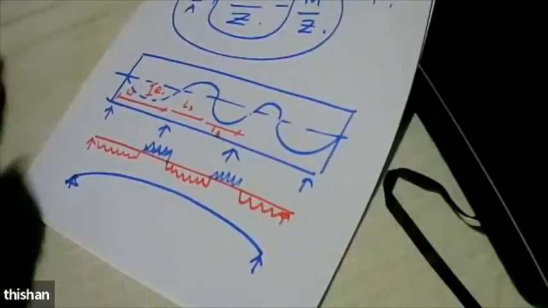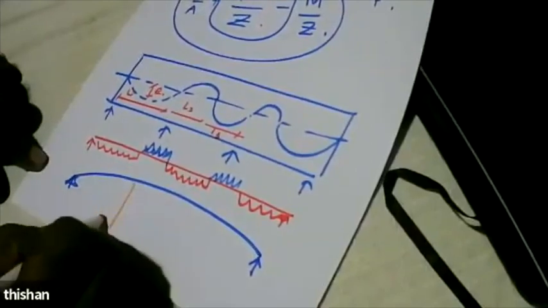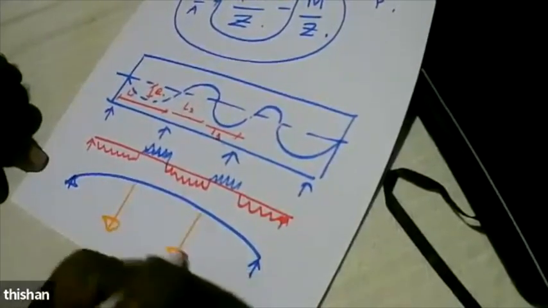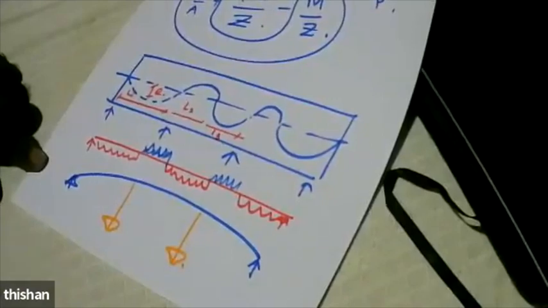Now we are going to bring you back, because the beam is not allowed to lift at the supports. They are supported and they are not supposed to lift upwards.